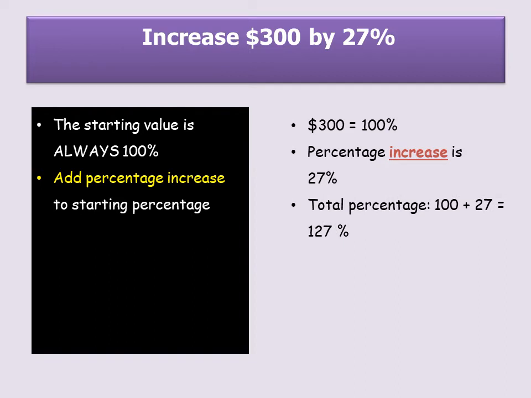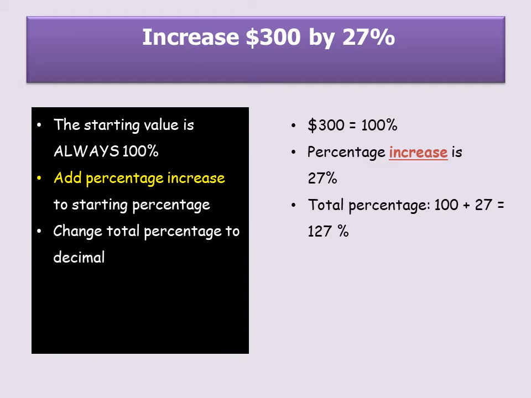All right. So the total percentage that we're working with is 127%. So we have $300, that's the full 100%, and then we're going to increase that $300 by a further 27%. So in all, you're going to have 127% of the amount that you start off with.